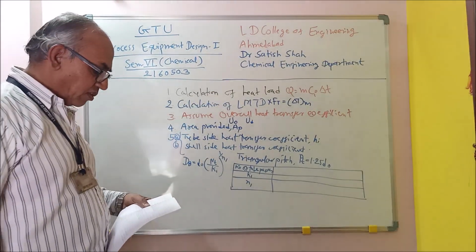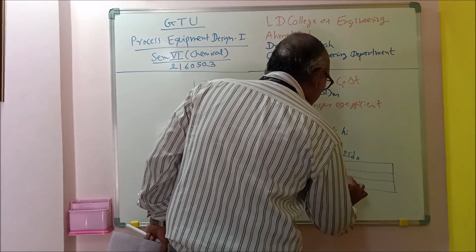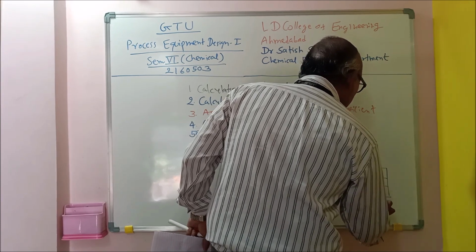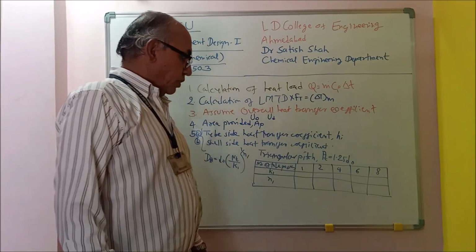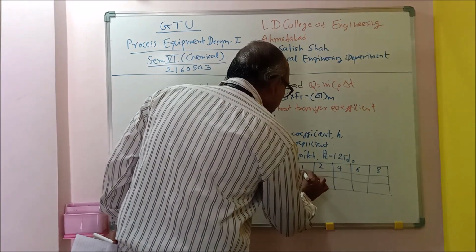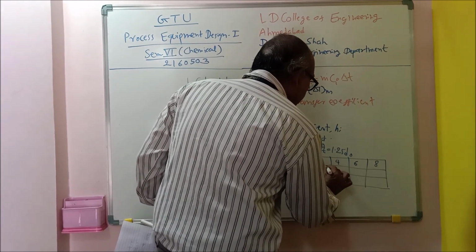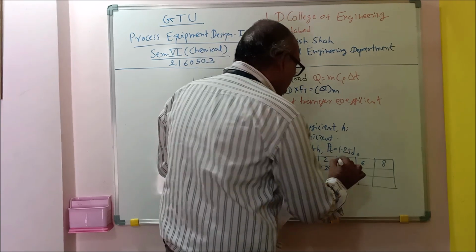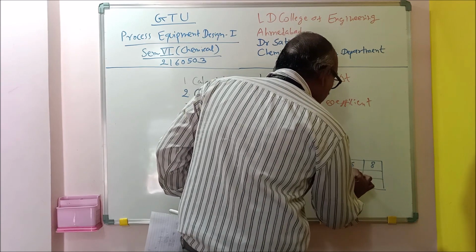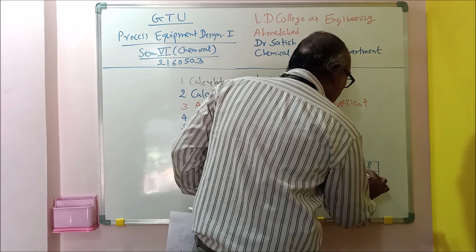If your number of tube passes is 1, 2, 4, 6 and 8, how will your value of K1 vary? This will be 0.319, this will be 0.249, this will be 0.175, this will be 0.0743, this will be 0.0365.